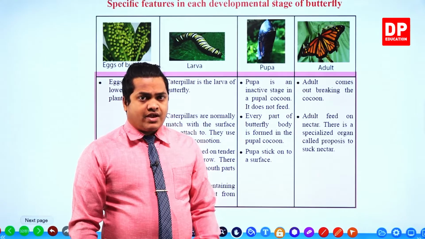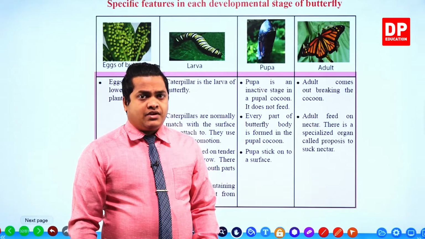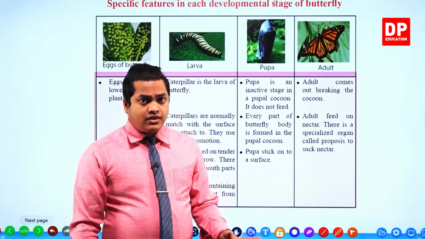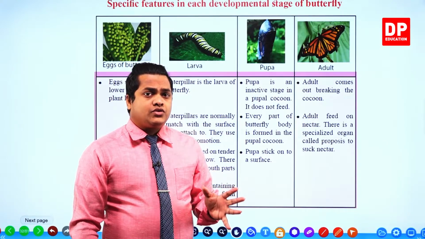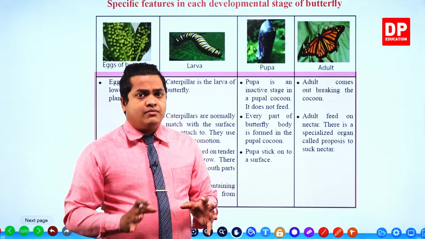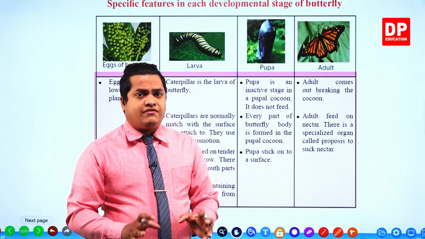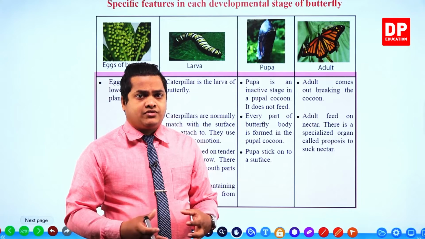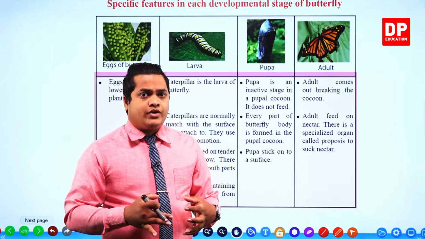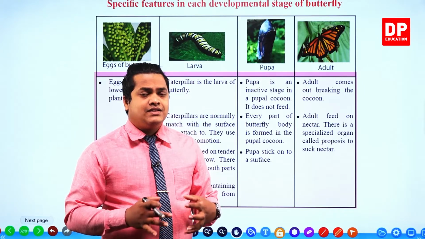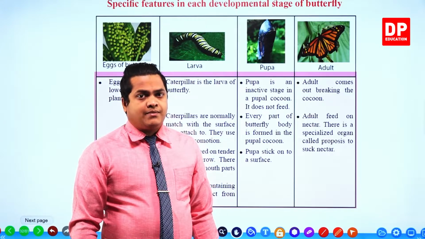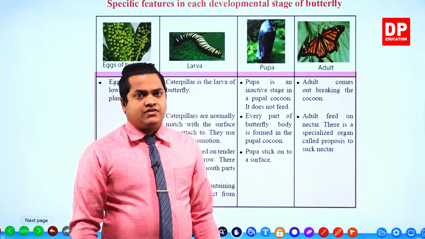They have camouflage, they have venomous hairs, and they have a mouth so that they can eat tender leaves. So they have way more different morphological features and adaptations to live in these environments where they are going to survive at the larval stage. So those are the features of the caterpillar, or the larval stage of the butterfly.